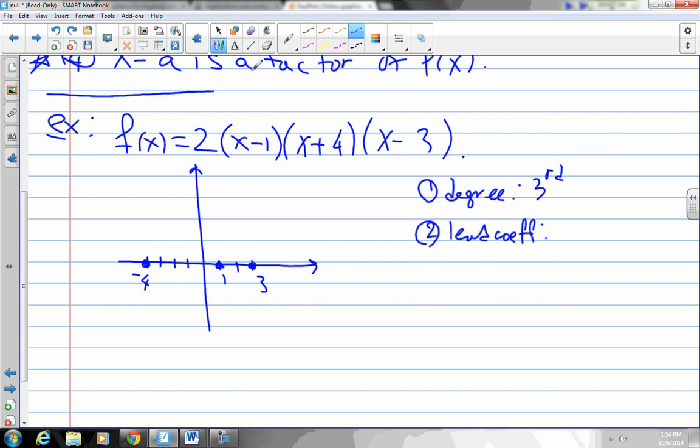So is it going to be positive or negative? Positive. So it's an odd degree polynomial with a positive leading coefficient. So this is the only option that can happen. Does that make sense? There's no other option here. Is that okay?